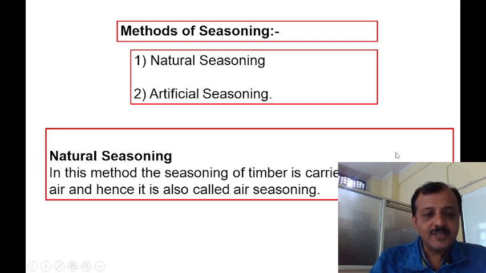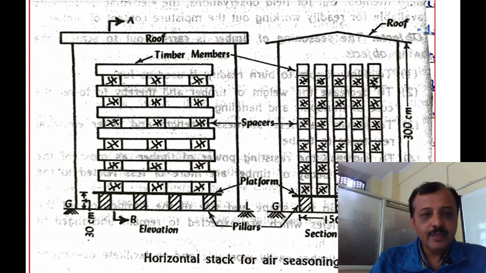Let us discuss how natural seasoning of timber is done. The timber is stacked horizontally and also vertically. These are the timber cut in the form of logs or planks. These are placed in these directions, and in between the two layers we place spacers.